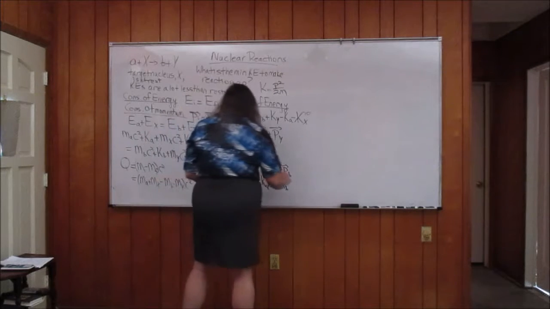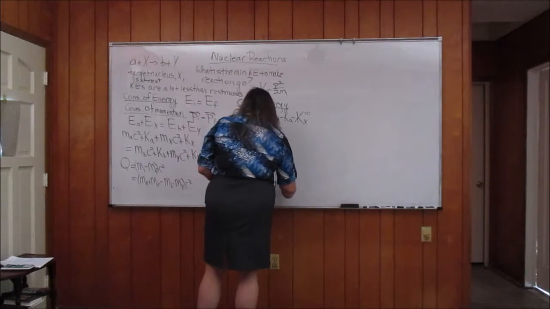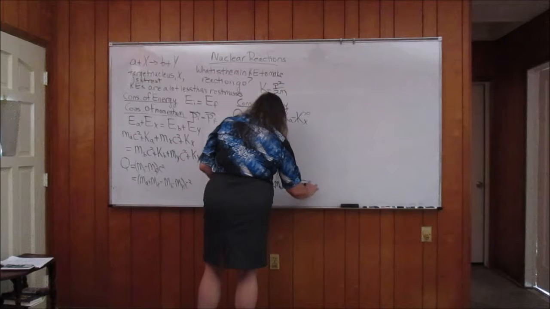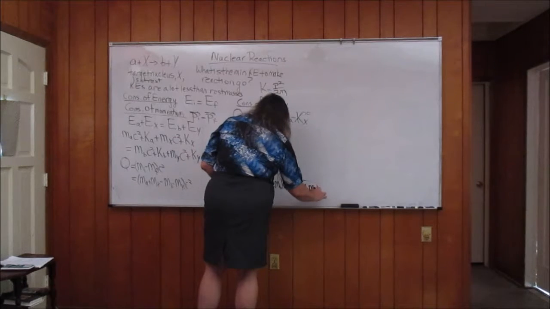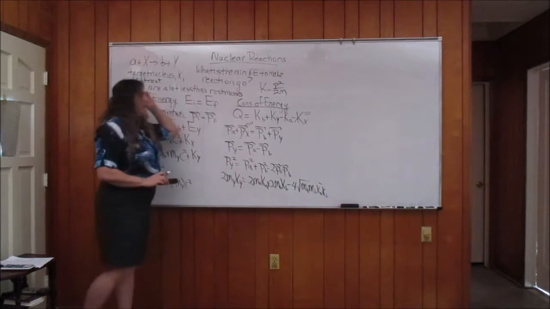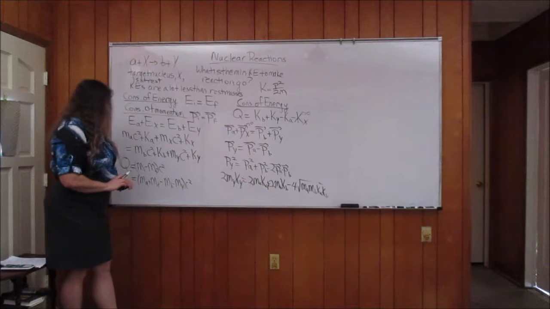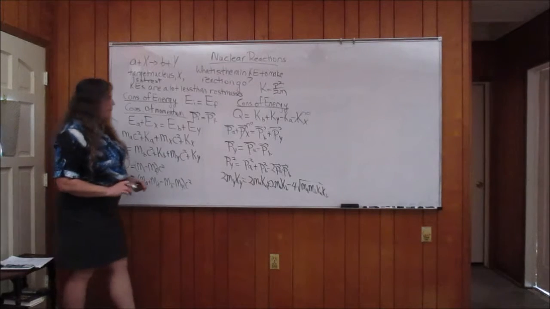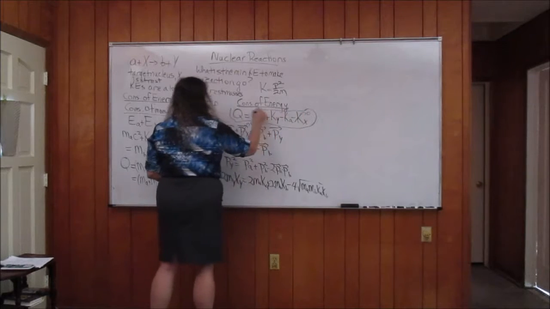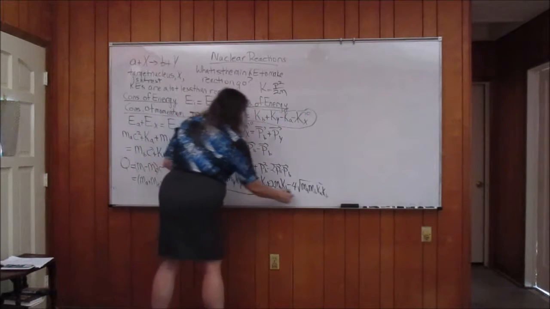And then last but not least, we have minus 4 times the square root of ma mb ka kb. These are our two equations.